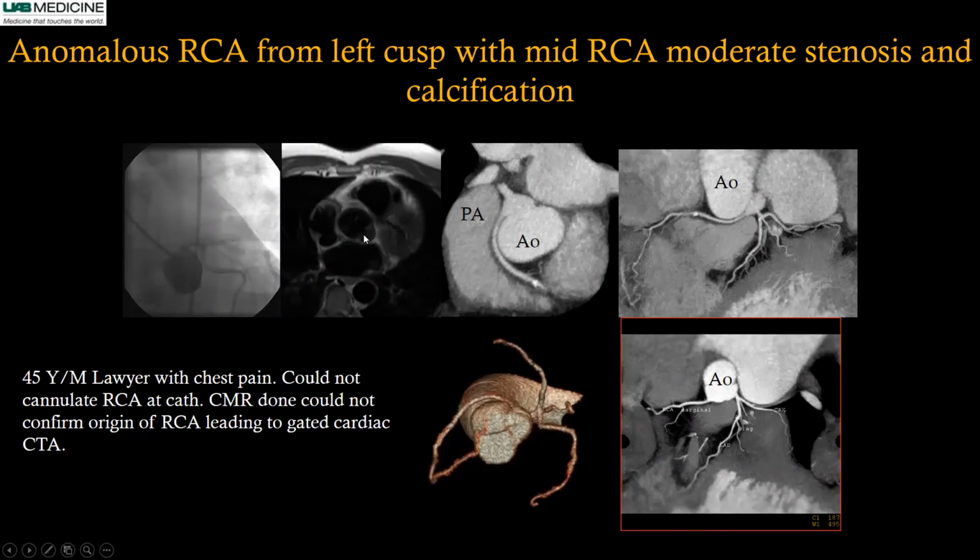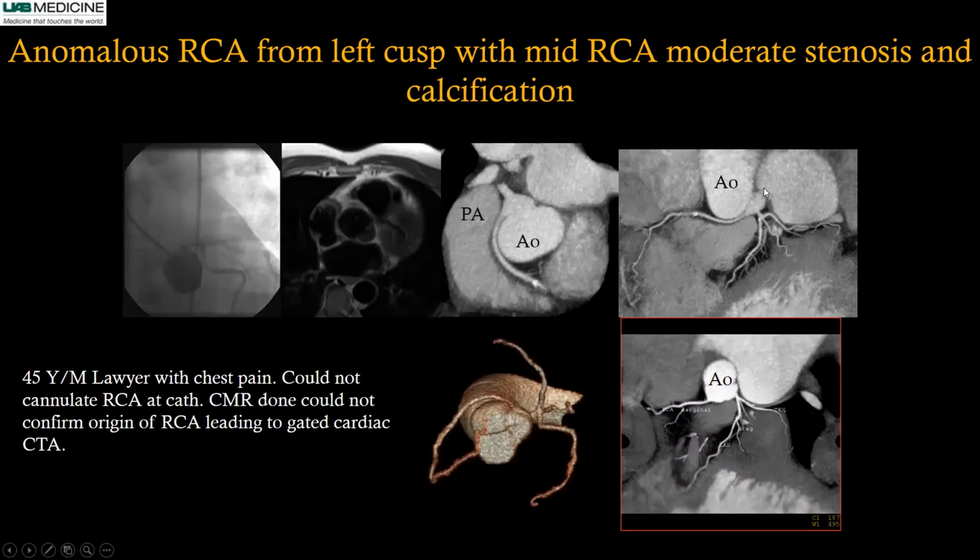MR images are very thick, often 6 to 8 millimeters, or sometimes 4 millimeters, which leads to poor spatial resolution compared to CT, where you can go as thin as 0.5 millimeter. So he underwent CTA, which clearly showed an anomalous right coronary artery arising from the left cusp, going in between the pulmonary artery and aorta.